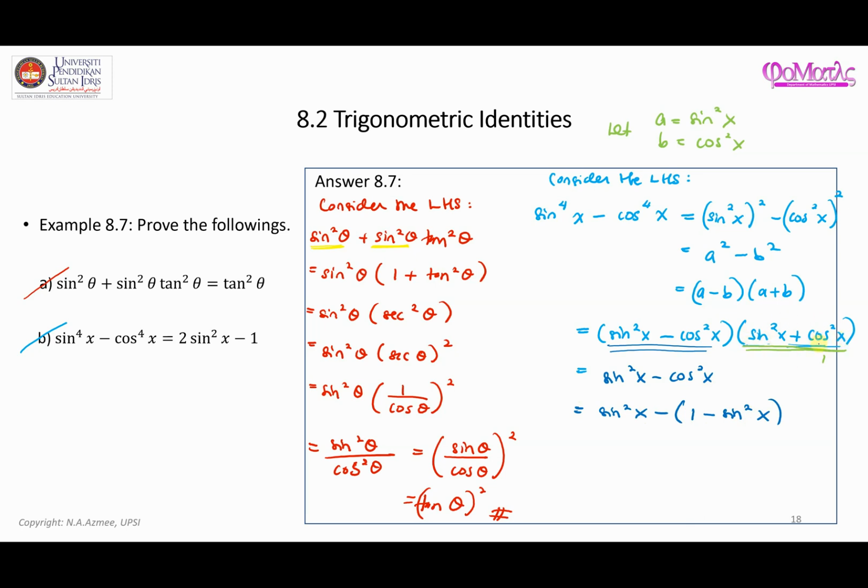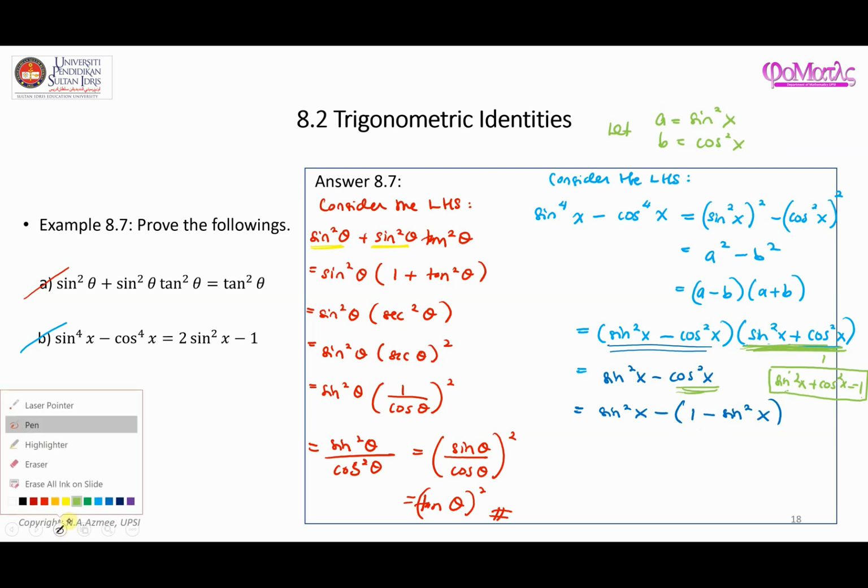We're using the identity sine squared x plus cos squared x is equal to 1, in case you don't understand what's going on here. Because of that, cos squared x will be 1 minus sine squared x. So that's what I have over here.